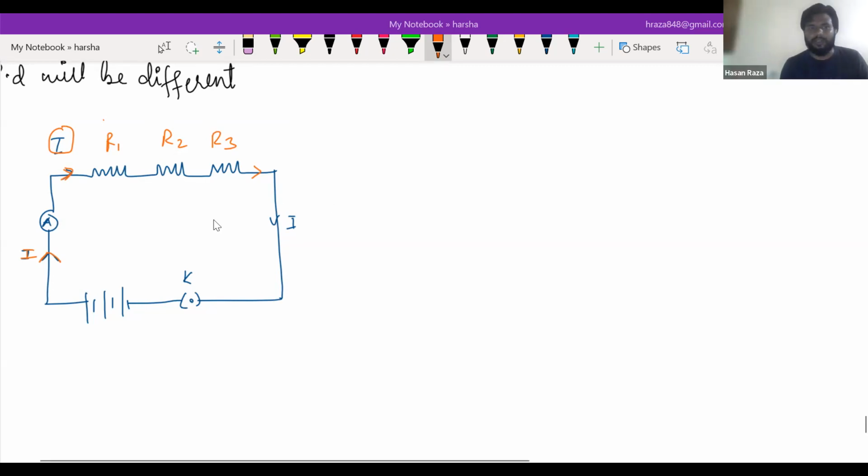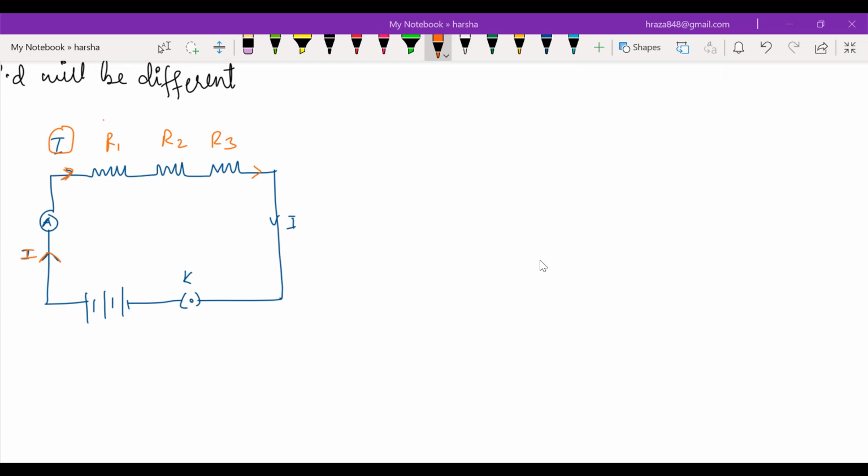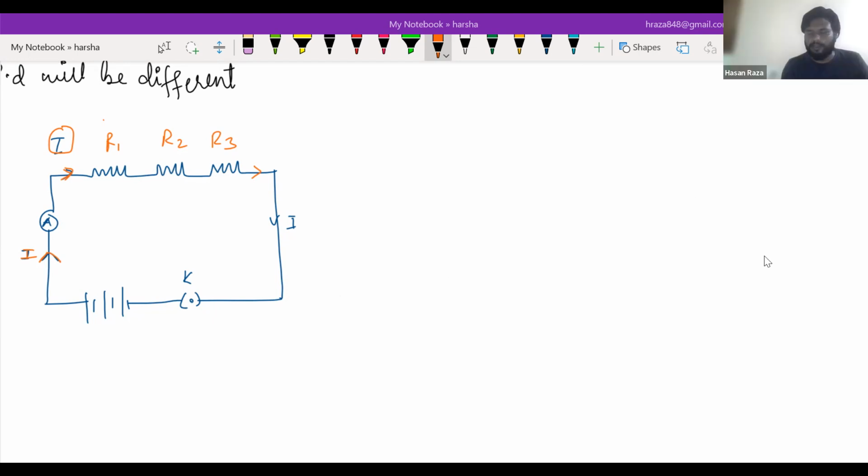So what I want to say is that the current moving is the same through each resistance, and this representation is basically for series. Is that clear, Harsha? Yes, sir. Now see, I'm going to represent parallel resistors.